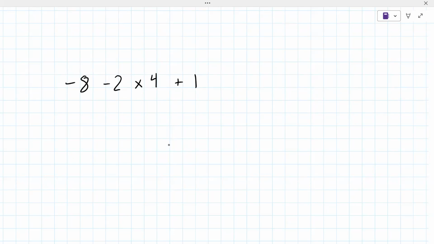So this is a multiplication, subtraction operator. Which do you do first? Multiplication. So -2 times 4 is -8. Very good.